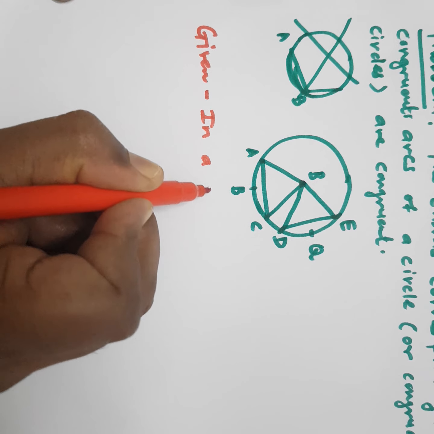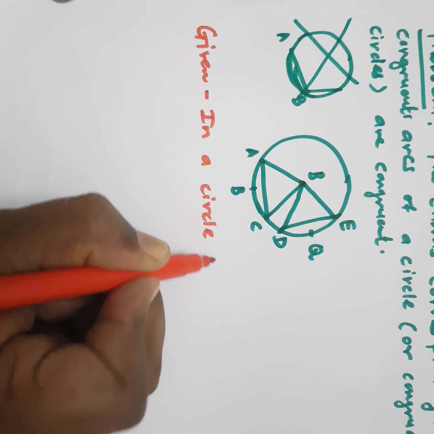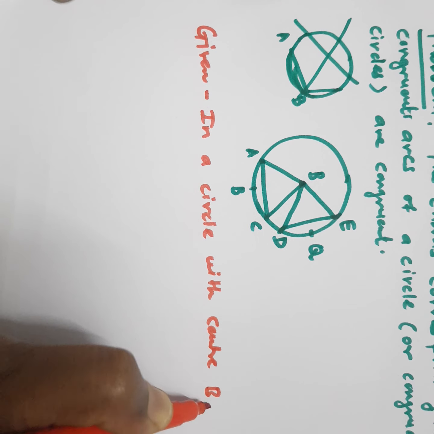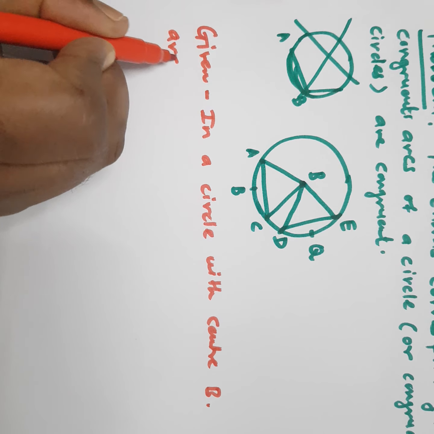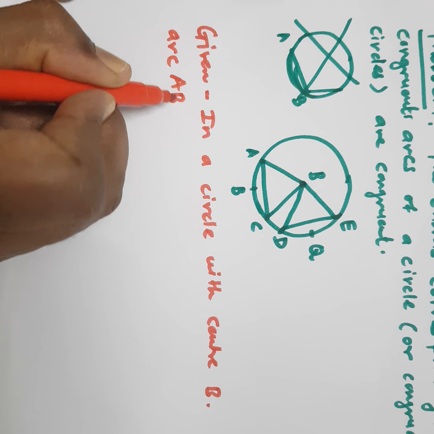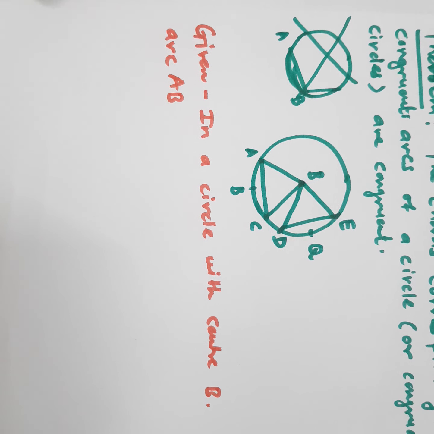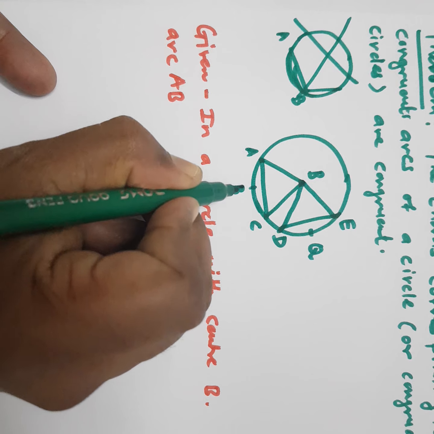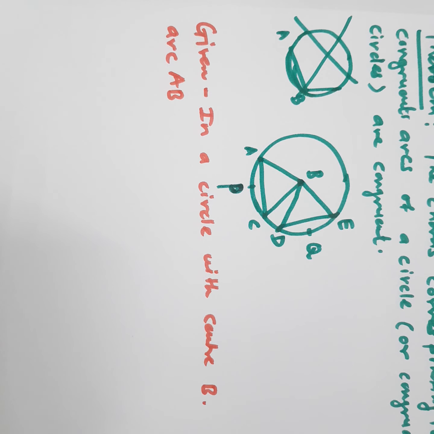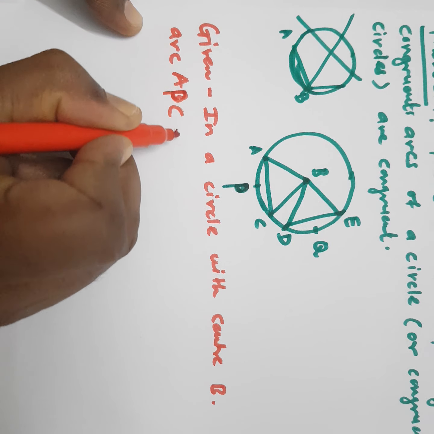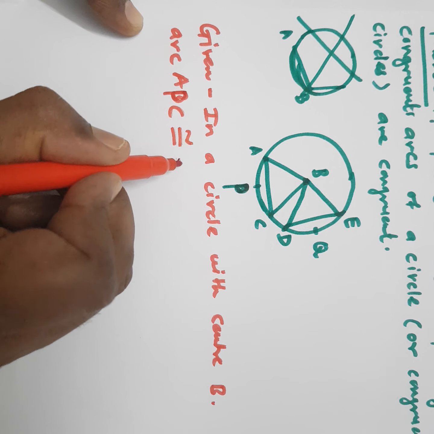In a circle with center B, arc ABC, sorry, here we will give point P here, not B. B is the center, therefore it will be point P. Therefore arc APC congruent arc DQE.